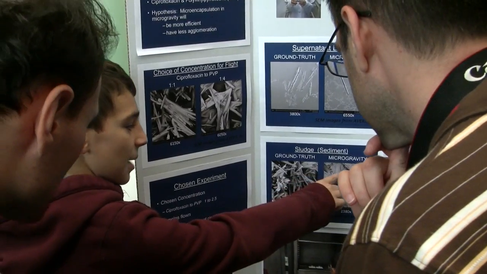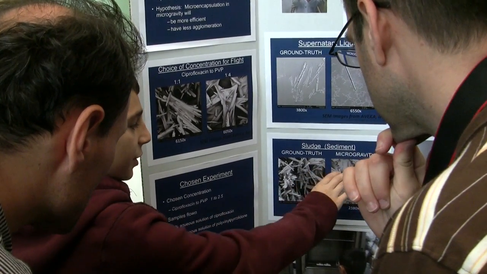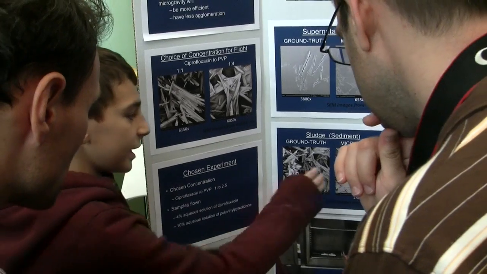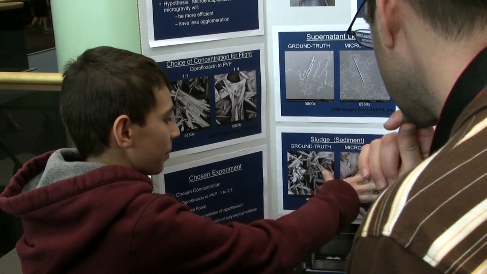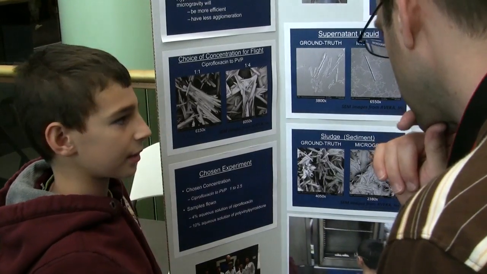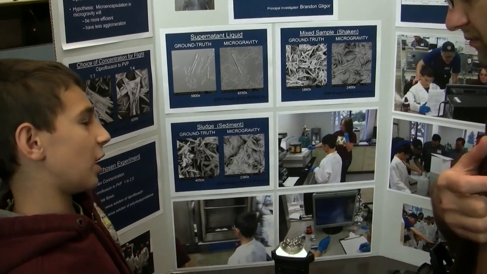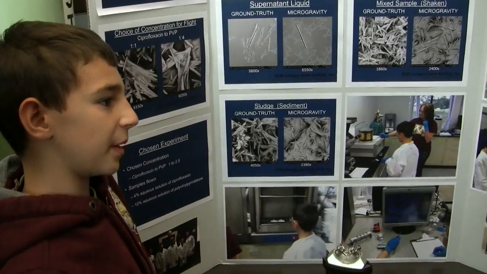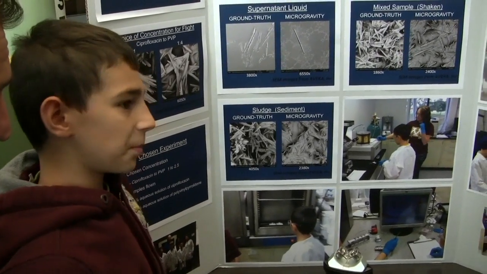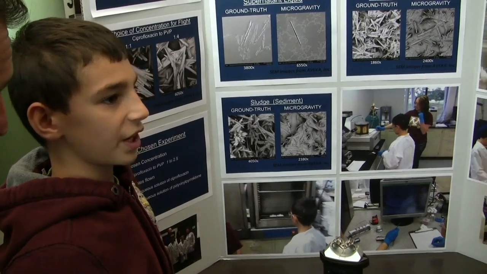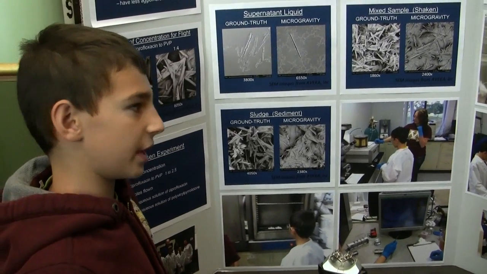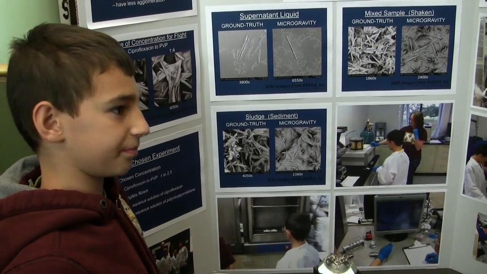But here, there was agglomeration because the polymer formed thick layers. So it didn't focus on the cipro like I expected it to. It just went by itself and formed thick layers. So basically, my results are that in space, the cipro, which I thought would be coated more efficiently by the coating, was actually not coated as efficiently and was coated pretty poorly.